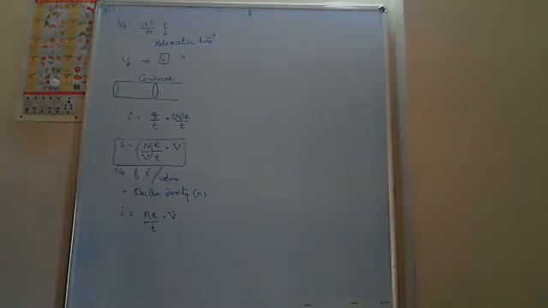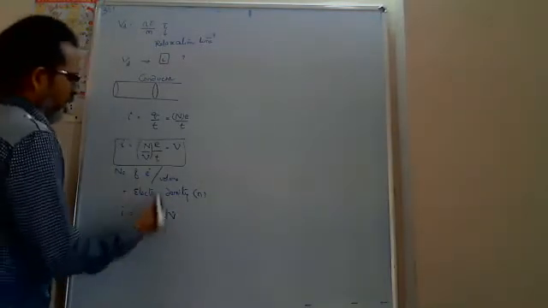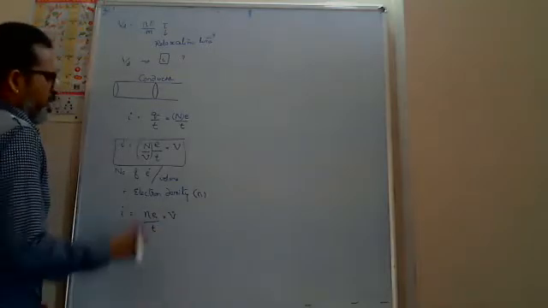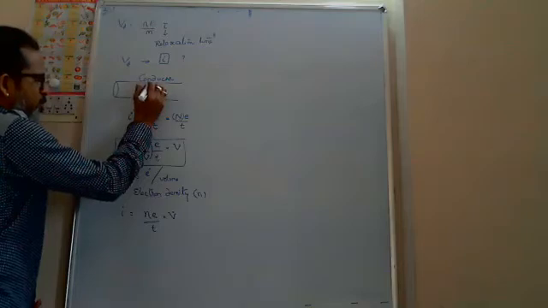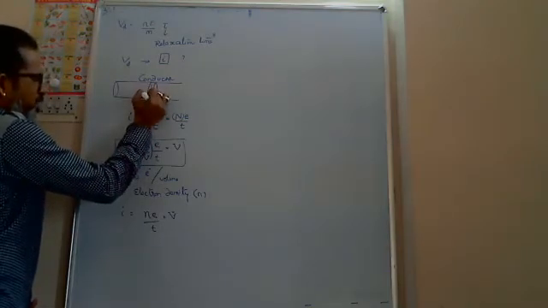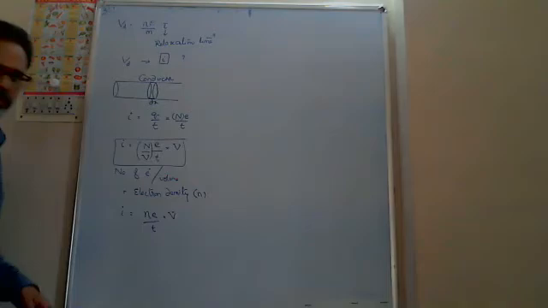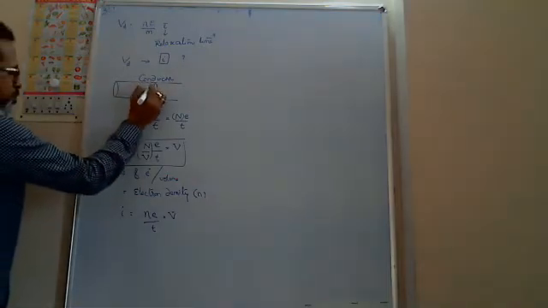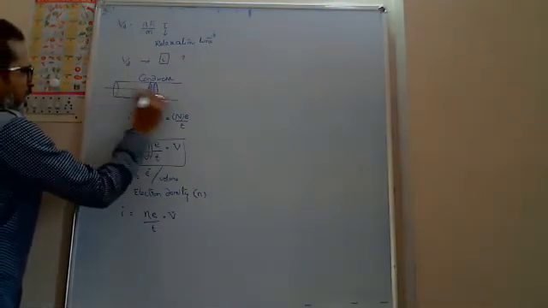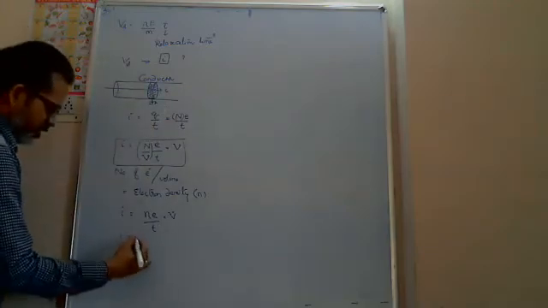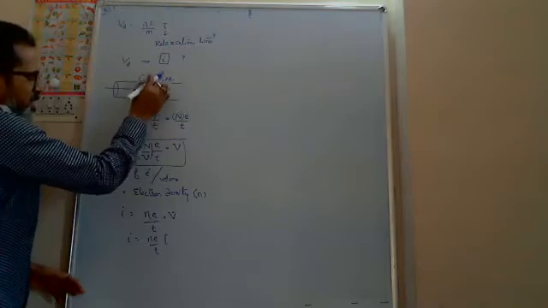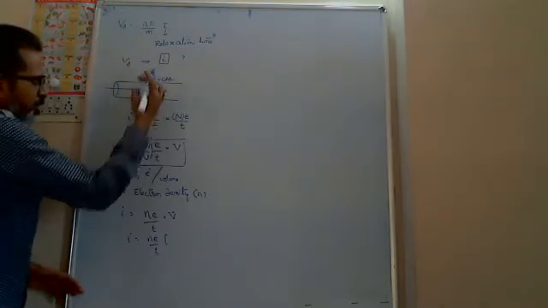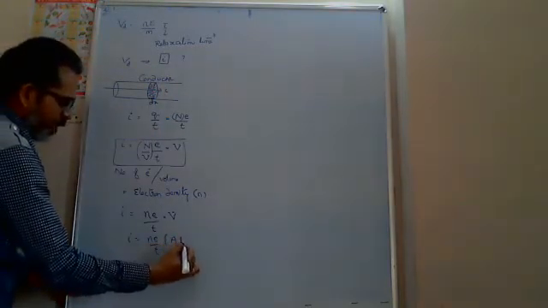Further, to bring the velocity term here, suppose I try to consider one particular part of length dx. Through this part, the current I is equal to N E by T times volume. This is just like a small cylinder, and cylinder volume is area into length.